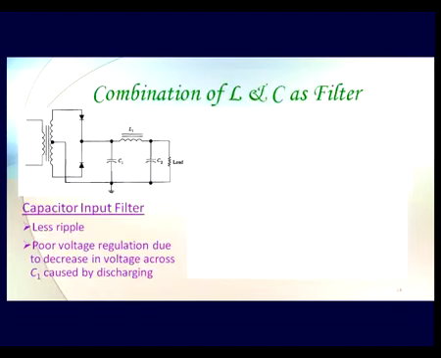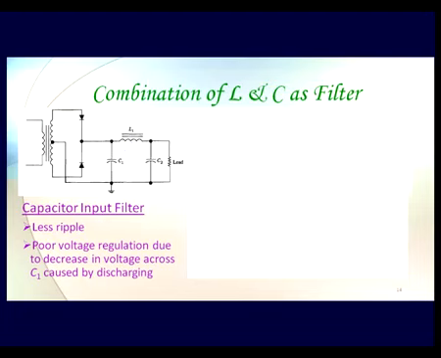But we can always have combinations of LC filters, where one type is the capacitance input filter, or a pi filter as we call it, where we have capacitance in shunt with the load as well as at the output of the rectifier circuit, and there is a series L circuit.